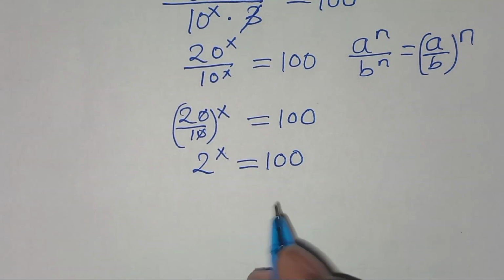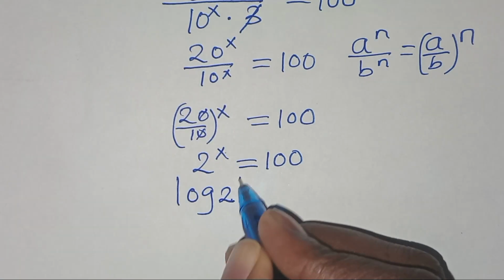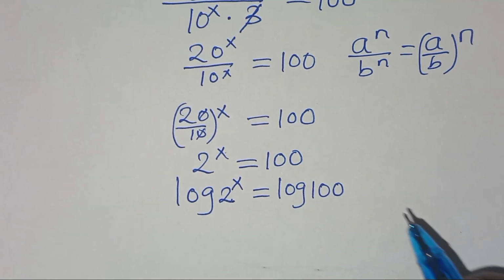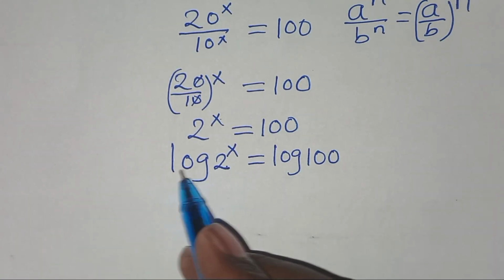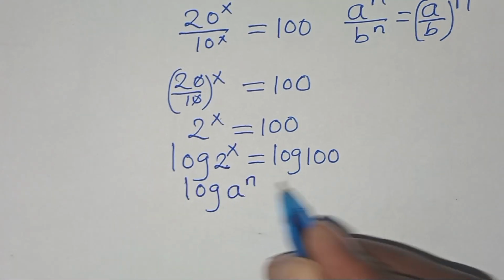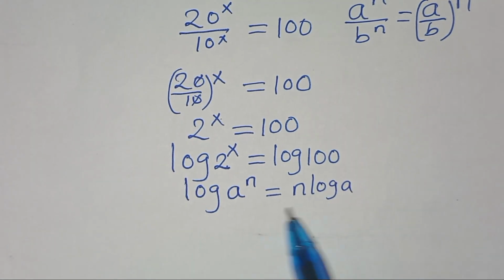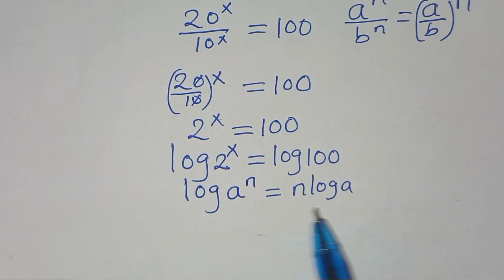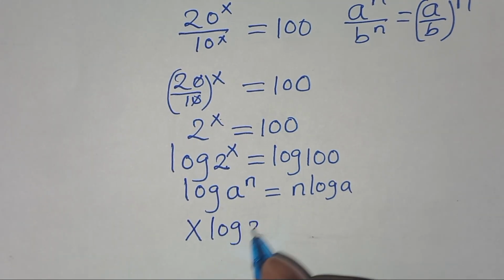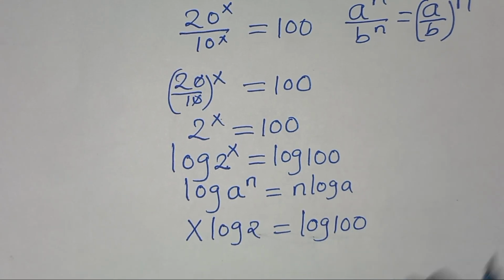To solve for the value of x, we introduce logarithm on both sides. So log 2 to the power x is equal to log 100. Log 2 to the power x is in the form of log a to the power n, which we can express as n log a. Applying this power rule property of logarithm, log 2 to the power x becomes x log 2, equal to log 100.